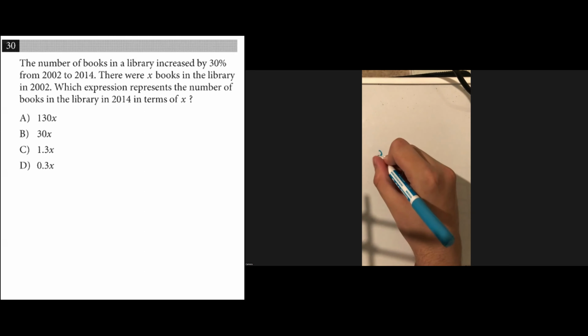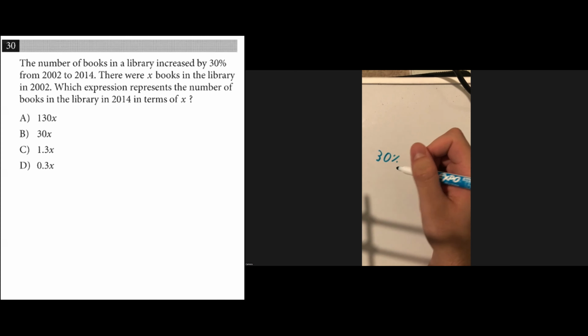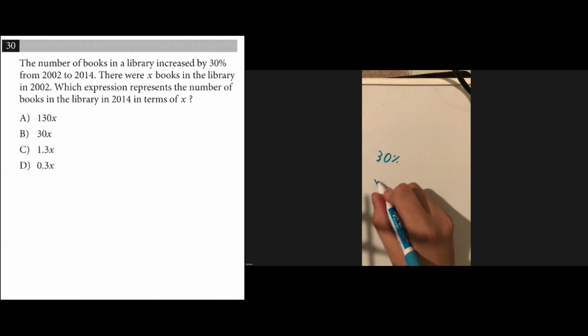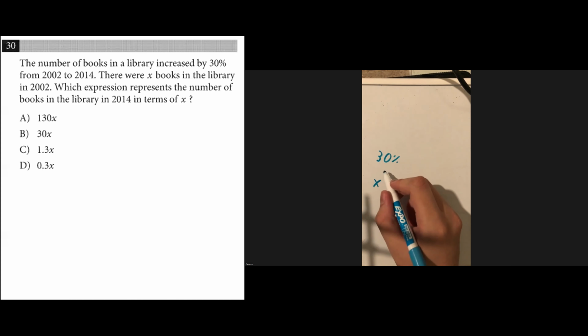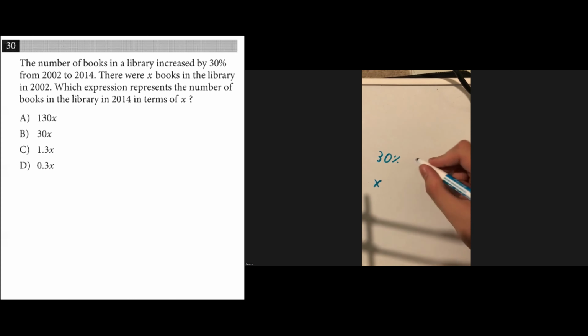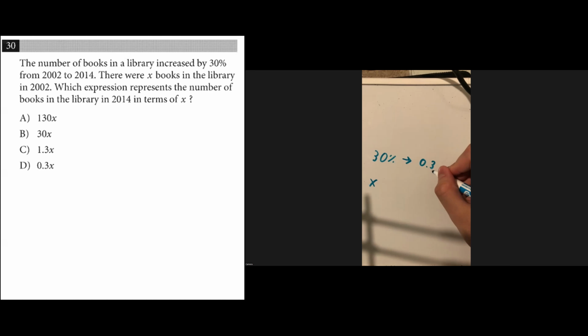Okay, so for this one, it's asking us if the number of books increased by 30% between 2 years, and there were x books in the initial year, then which expression gives us the number of books in the final year? Well, we would just have to convert this 30% into a decimal. So 30% converted into a decimal would be 0.3.